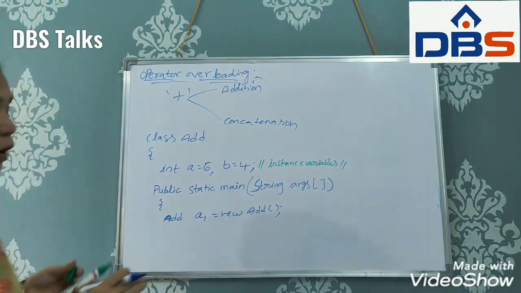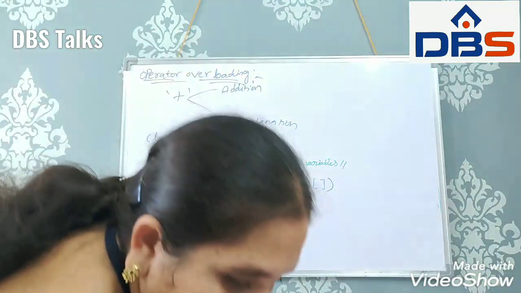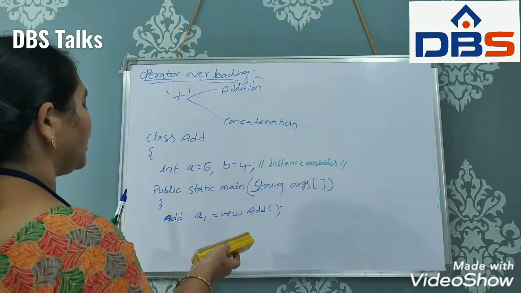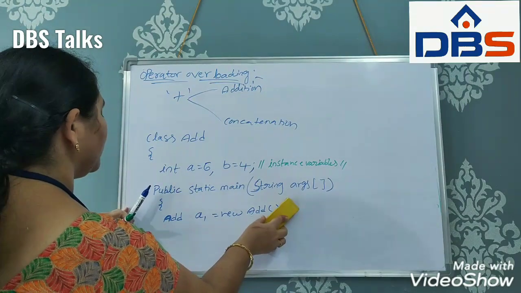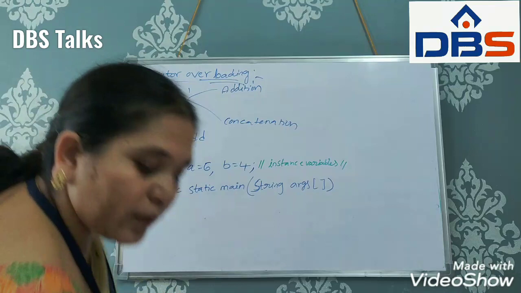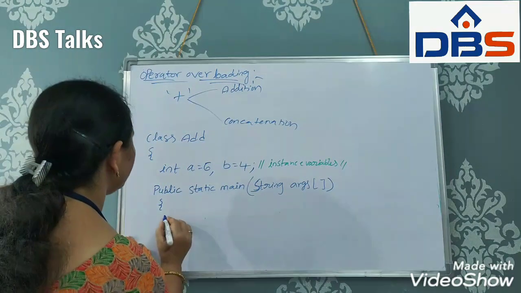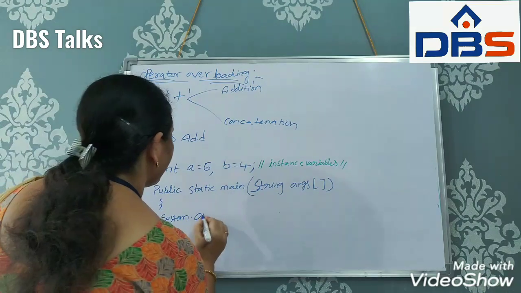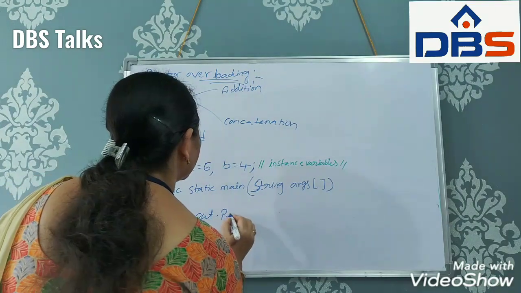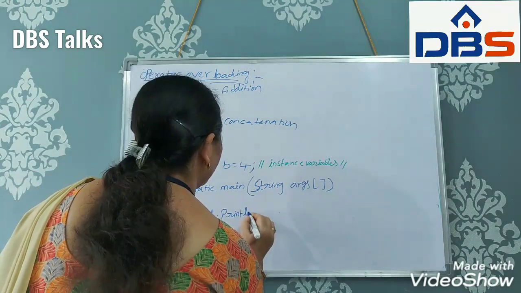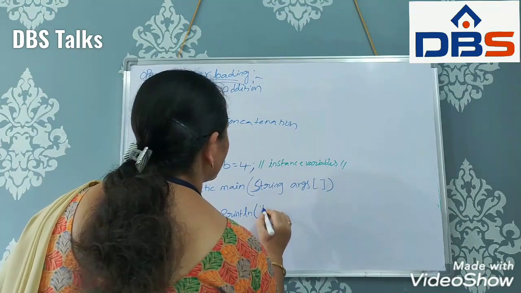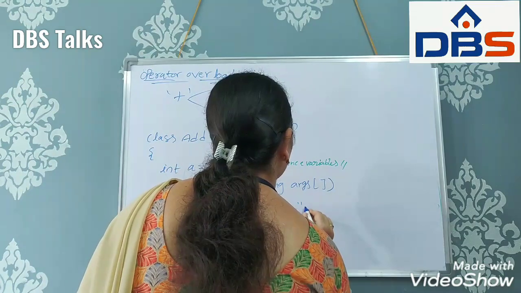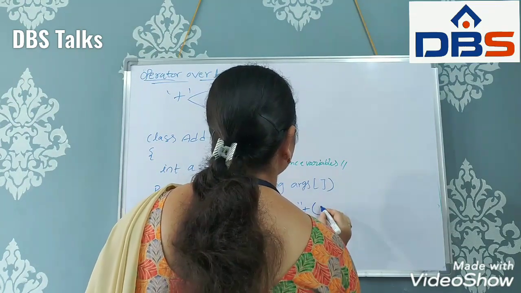Without this, we can execute directly, like System.out.println with a plus b equal to plus.